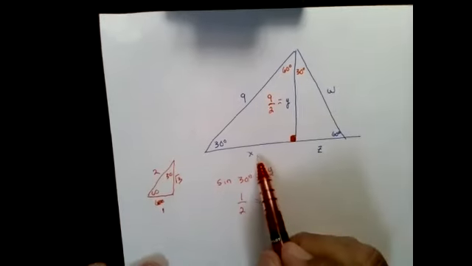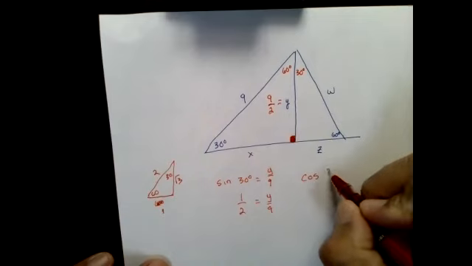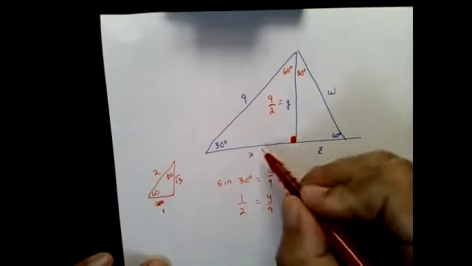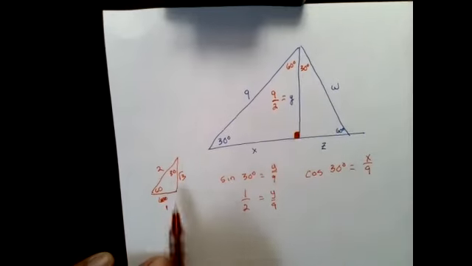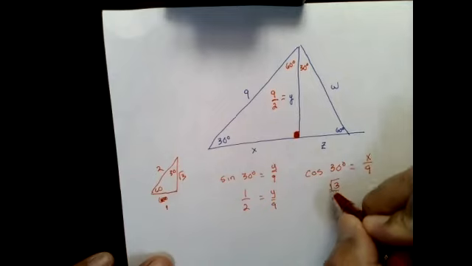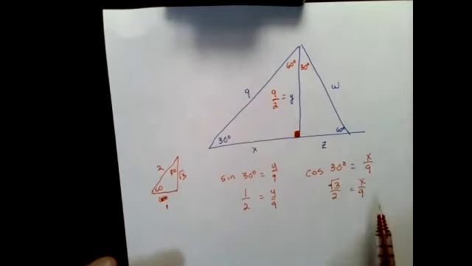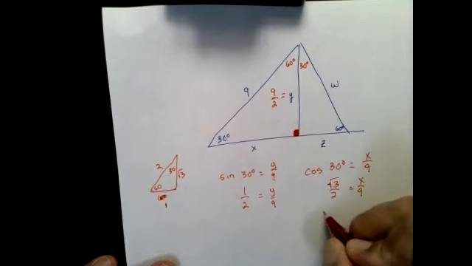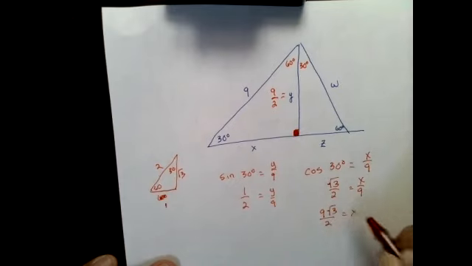I want to find something with x. How about this? Cosine of 30 equals x over 9. And the cosine of 30 is the square root of 3 over 2, equals x over 9. So if I multiply both sides by 9, I get 9 square root of 3 over 2 equals x.